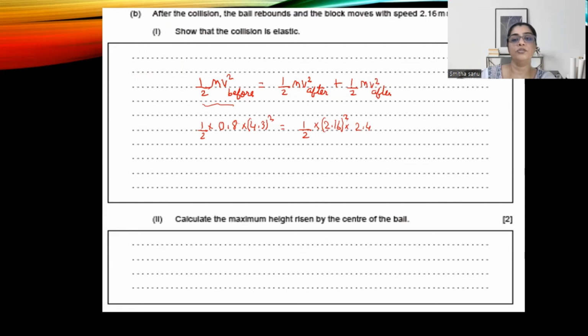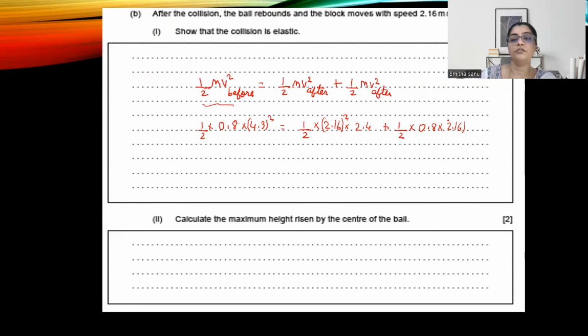So we substitute values. This is the kinetic energy for the ball before. Kinetic energy of the block after is half mv square, which is substituted. And we also substitute the ball. The kinetic energy of the ball is half m times 2.16 square.